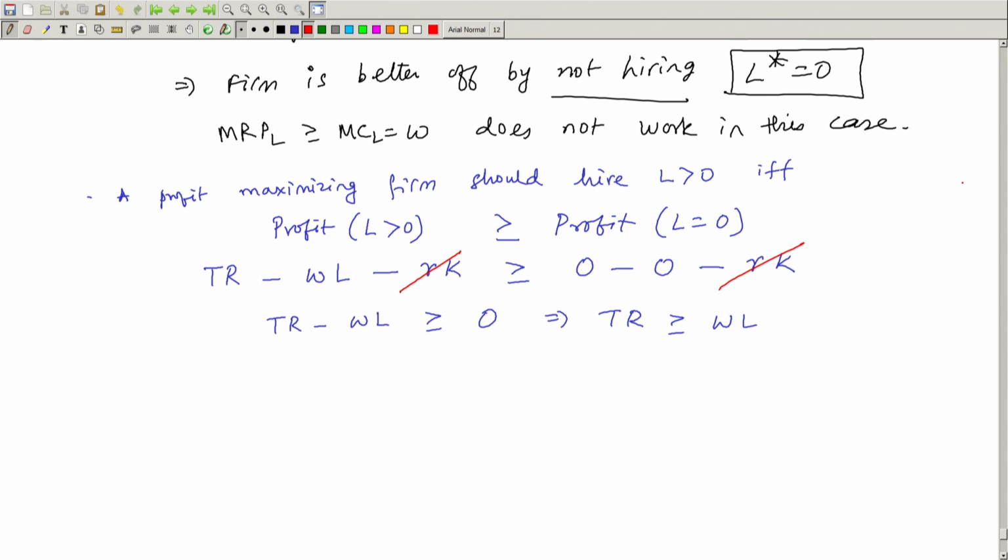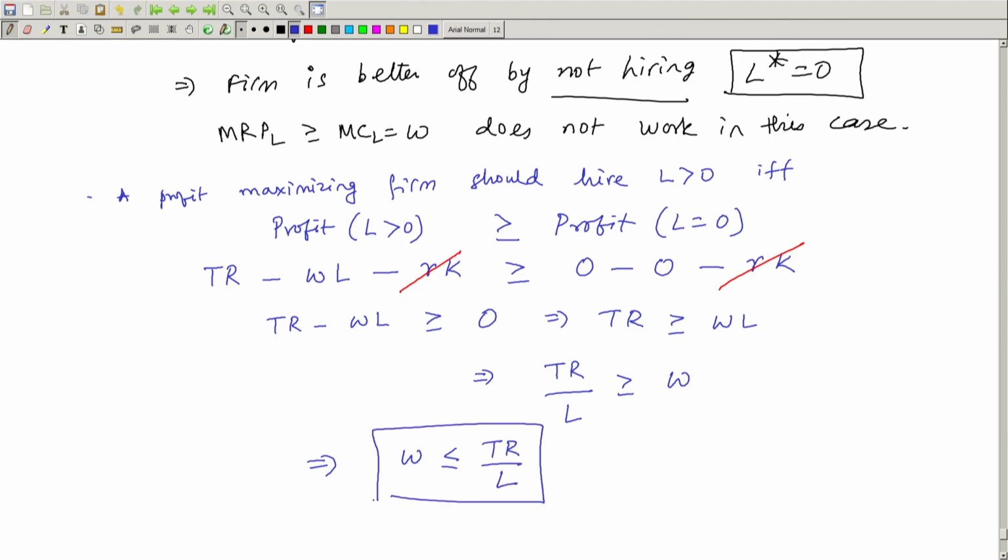So, we can simplify this a bit more and write it as total revenue greater than or equal to W times L. So, total revenue divided by L should be greater than or equal to W. I will just rewrite this as W less than or equal to total revenue divided by L. Well, what is total revenue divided by L? It is the revenue divided by the labor hours.